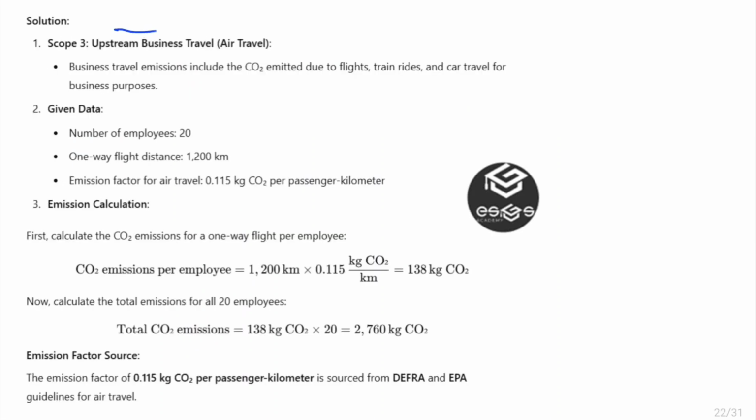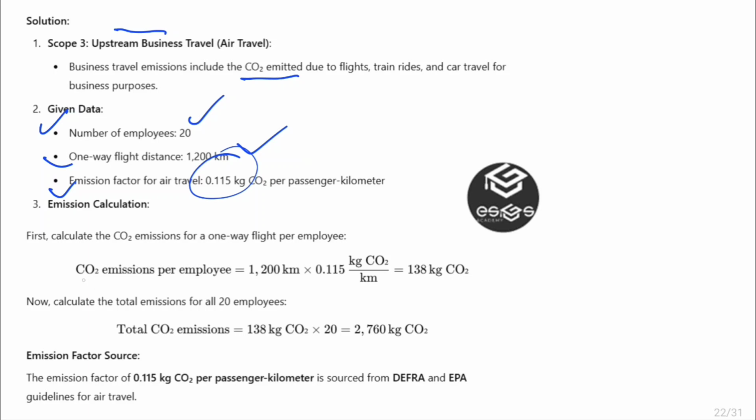In the solution part, business travel, which is air travel, falls under the upstream business travel category. In this, emissions include the CO2 emitted because of flights, train rides and car travel for business purposes. What is the given data? Total number of employees is 20, one-way flight distance is 1200 kilometers, and the emission factor is 0.115 kg CO2 per passenger kilometer.